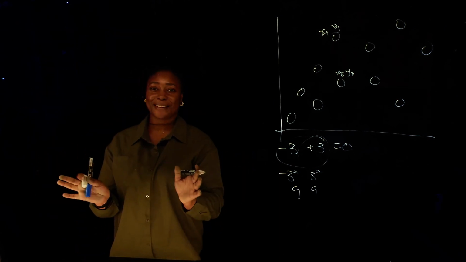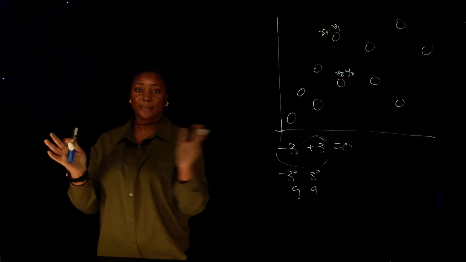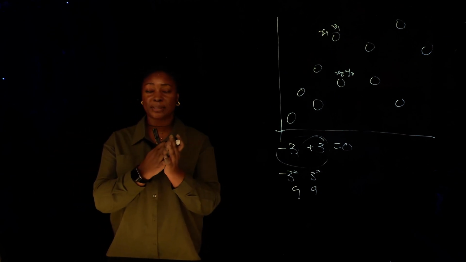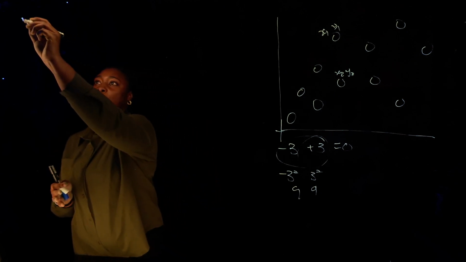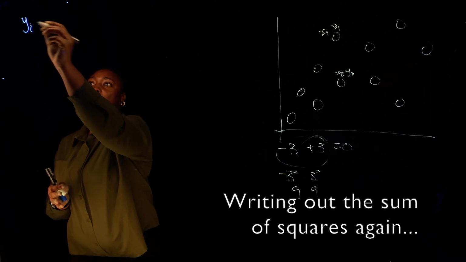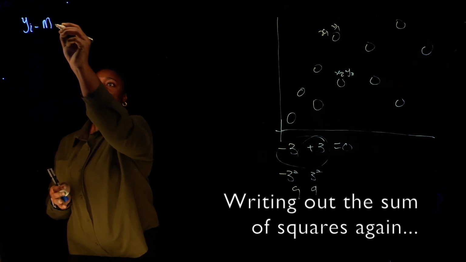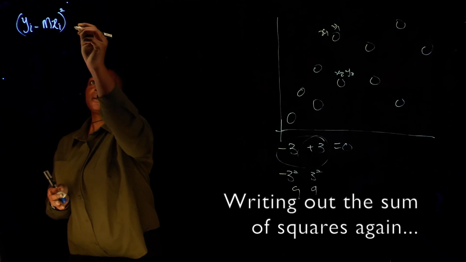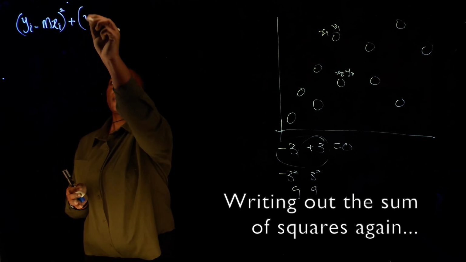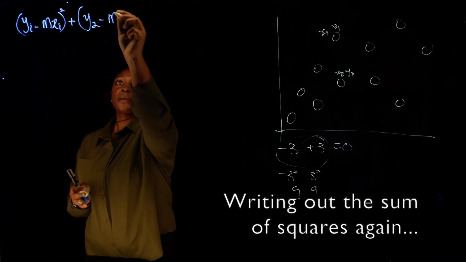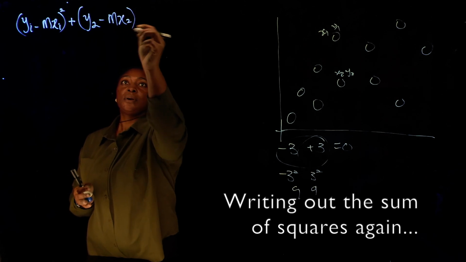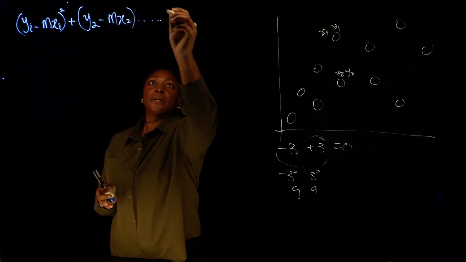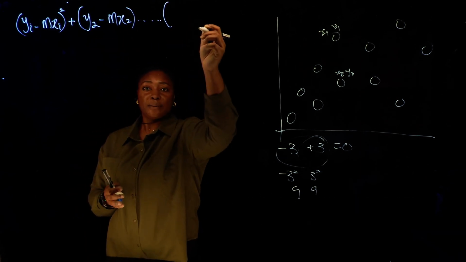So we continue from the last equation where we have our summation of our data points. So we'll be having yi minus mx1 all squared plus y2 minus mx2, and you sum that up depending on the number of data points you have on your graph.